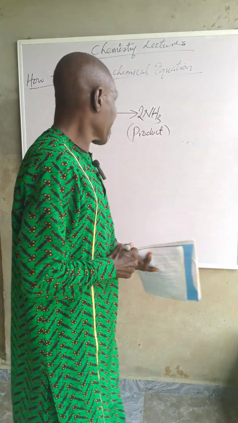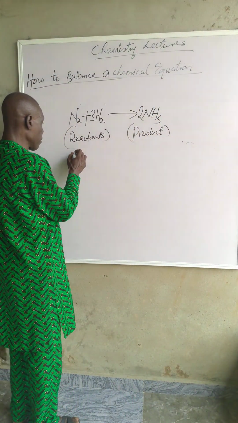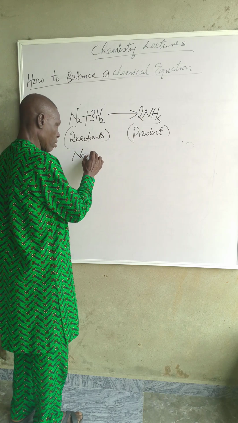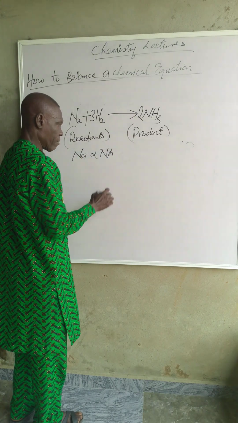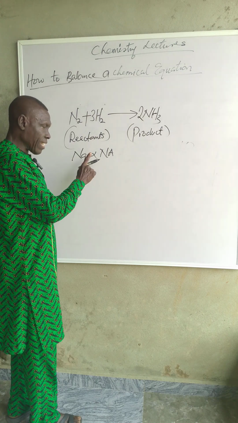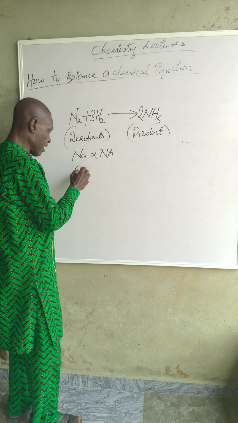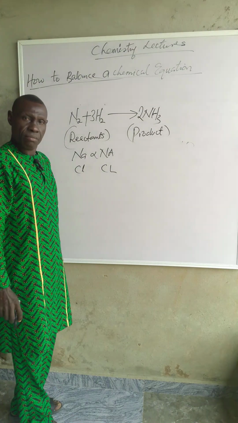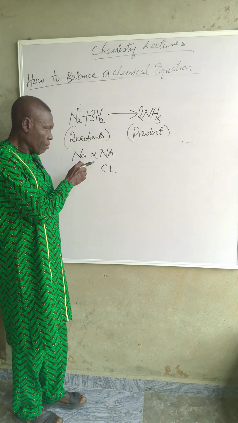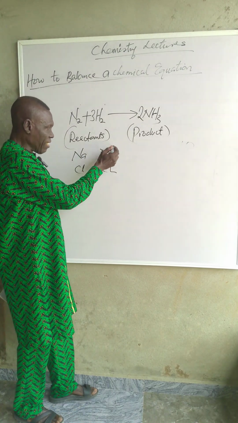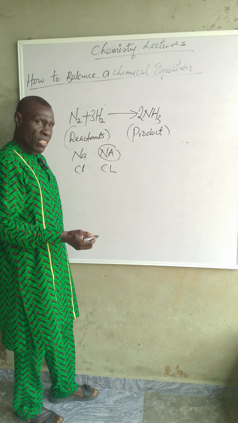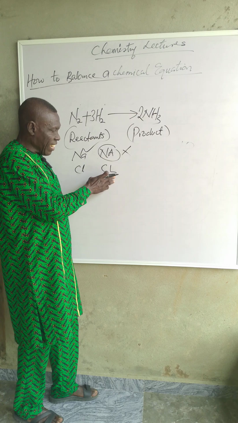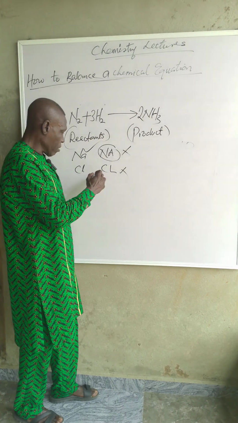Sodium is written Na, not NA or na. Chlorine is written Cl, not CL or cl. If you write the wrong form as a symbol of sodium or chlorine, you are wrong.